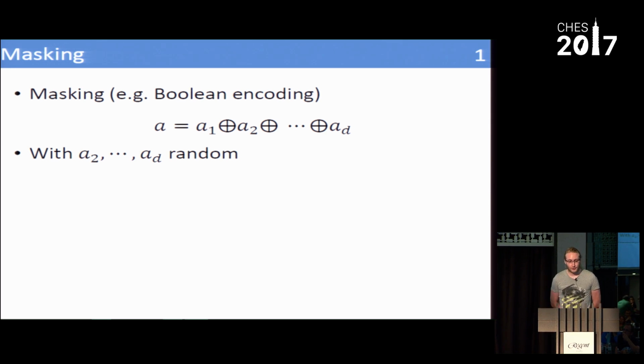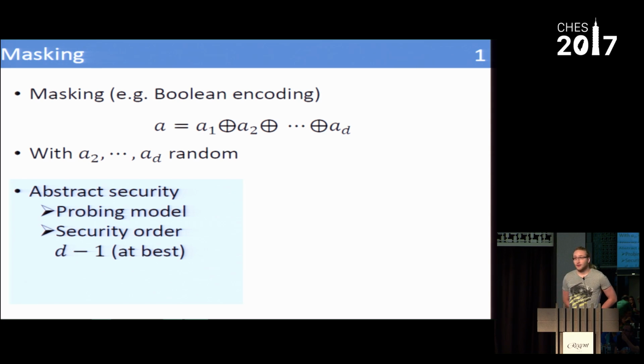So we have essentially two sides. One side is the abstract security, which is given by the probing model. In the probing model we can have d-1 security at best, because if we had d probes on each of the shares, we just recover the secret.